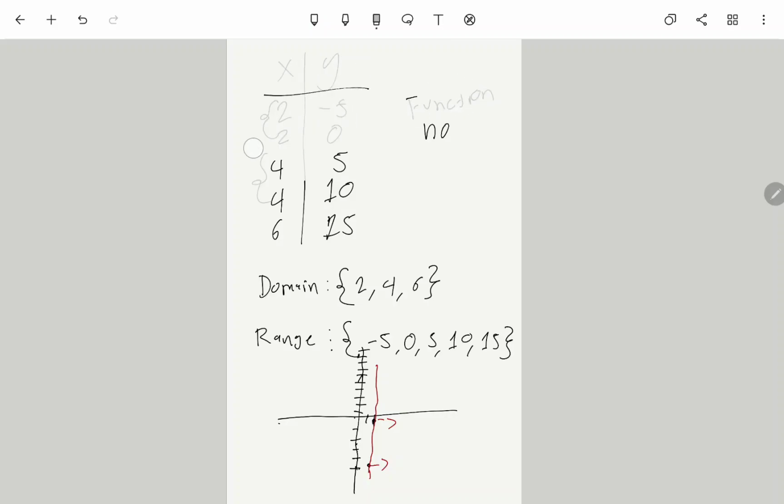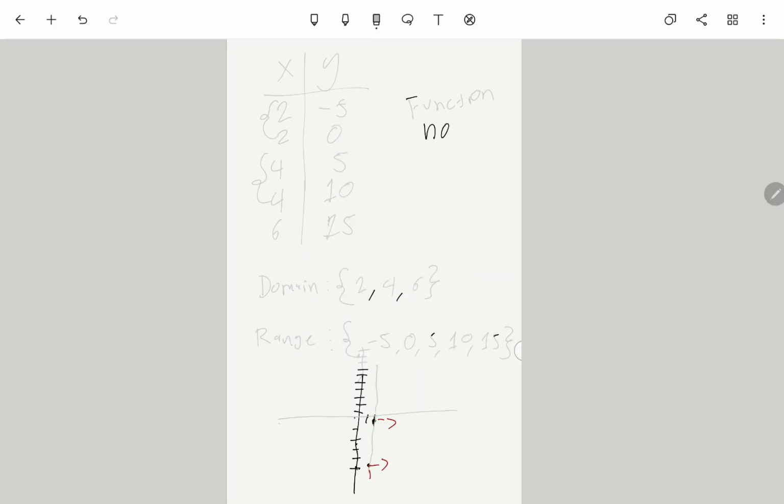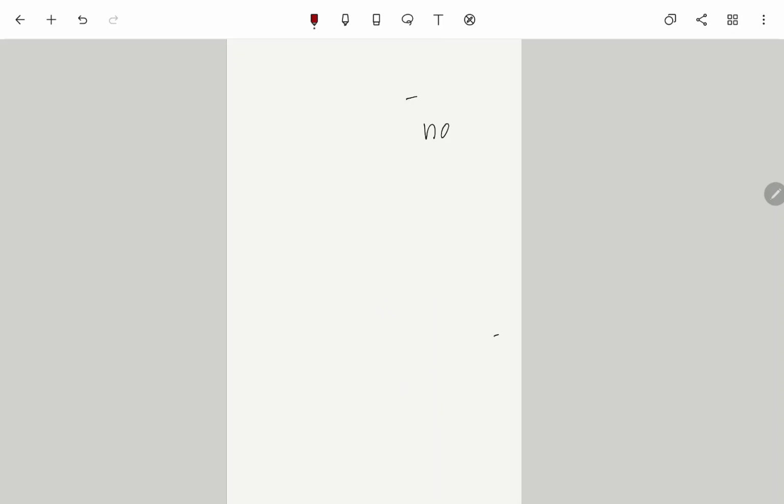So now we're talking about the same thing, domain and range, but with coordinates.